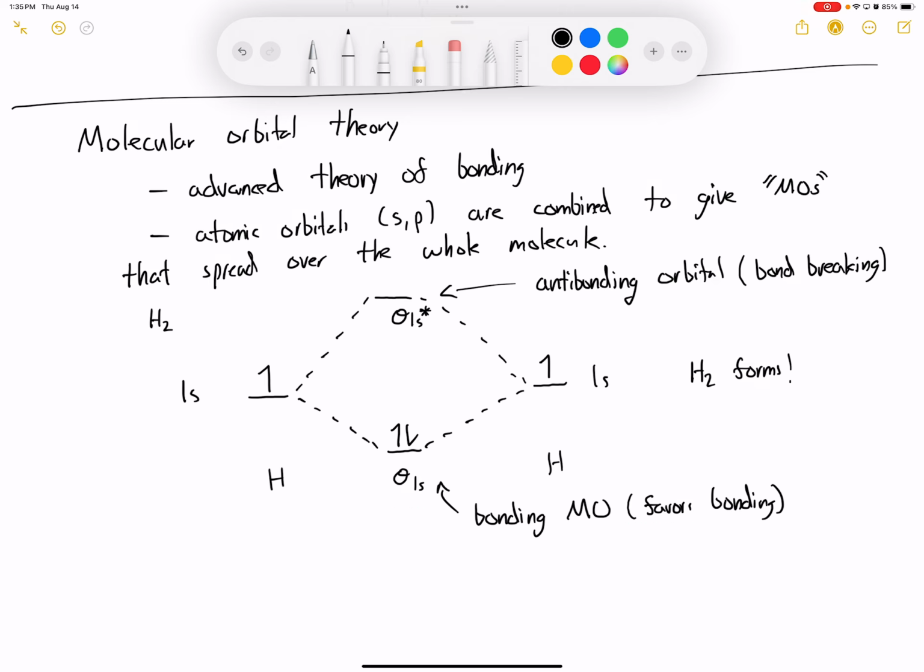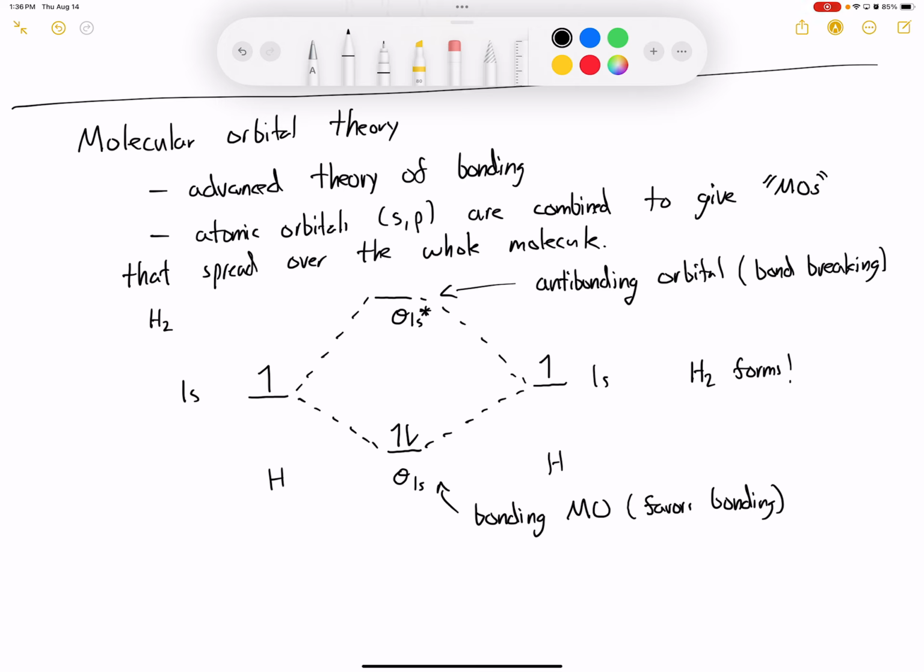So we use this to kind of explain things that VSEPR theory and valence bond theory fail to predict. And that's why MO theory is now well understood, and that's the better model now for bonding. So there's several models of bonding here. MO theory is one of them.